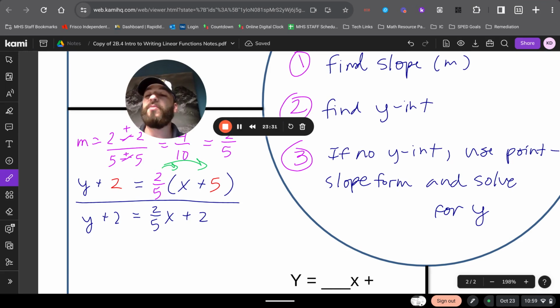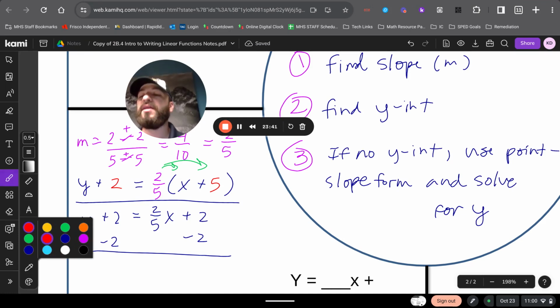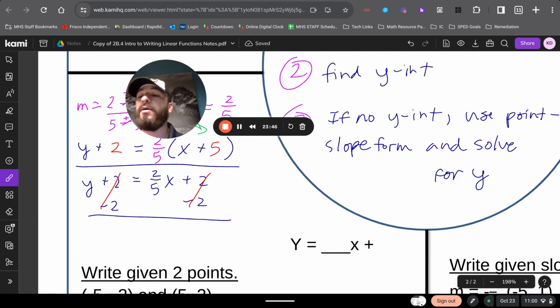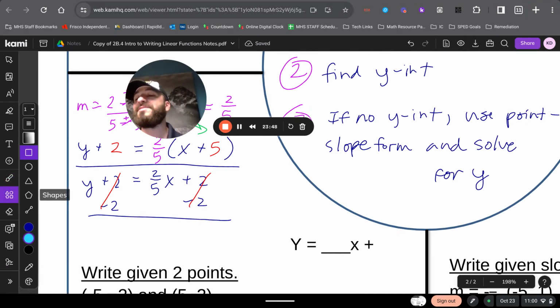Okay, so from here we have y plus 2 is equal to 2/5 x plus 2. I just got to move this number over with my y to get it by itself. So -2 minus 2. And we're going to get it to cancel out over on the left, but we're actually going to also get it to cancel out over on the right, and that's okay. All that means is that our y-intercept is 0, which means this graph is going to go through the origin.